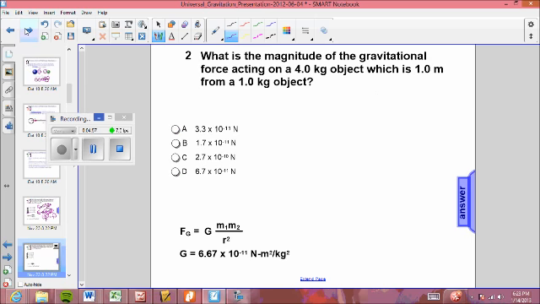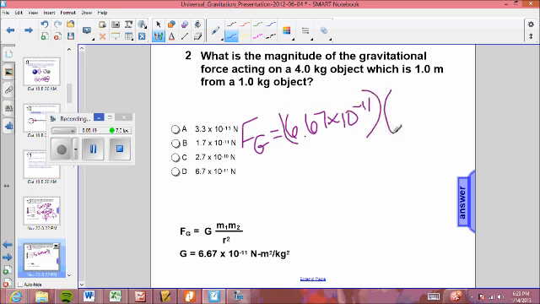What is the magnitude of the gravitational force acting on a 4 kilogram object, which is 1 meter from a 1 kilogram object? So we've got our force of gravity equals our big G, which we know is 6.67 times 10 to the negative 11, times m1, which was 4, times 1 for the second one, divided by 1 squared.